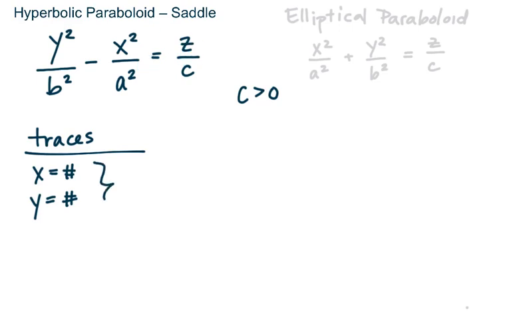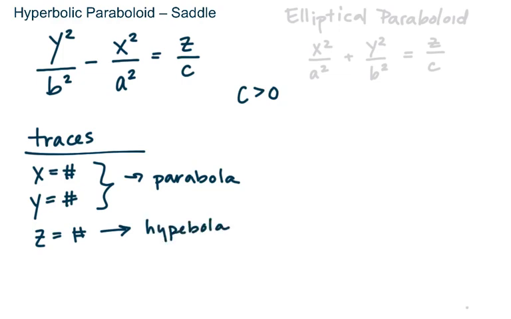So both of these are a parabola. And if I let z equal a number, we've got the difference here, that is a hyperbola. So what does this graph look like? We have two parabolas and then a hyperbola.